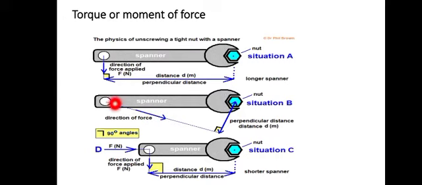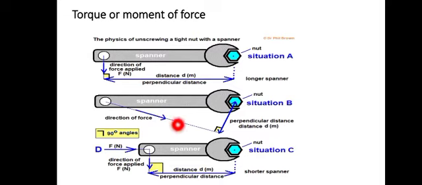Let's suppose this force is at a 45 degree angle. So what will happen? The torque produced will be less, the turning effect will be less, because we haven't applied the force perpendicularly.